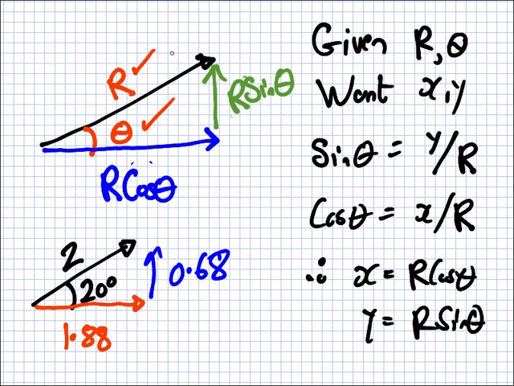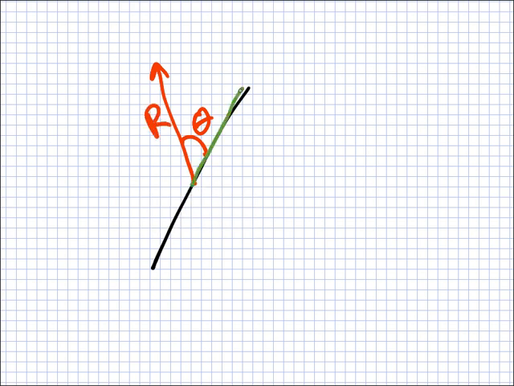I like to remember that theta is always on the side with the cos, and theta is always opposite the side with the sine. That's how I remember it. So if I drew a crazy picture like this, and here's theta, and this is r. Which is this, cos or sine?